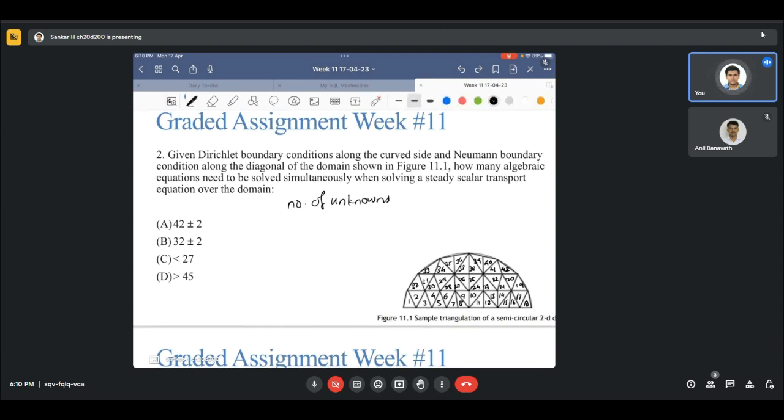Therefore, since there are 42 unknowns, we'll have to solve 42 equations simultaneously. Therefore, the correct answer is option A.